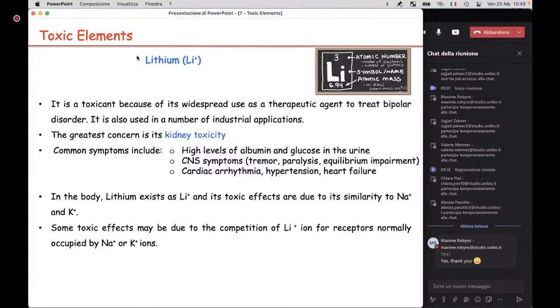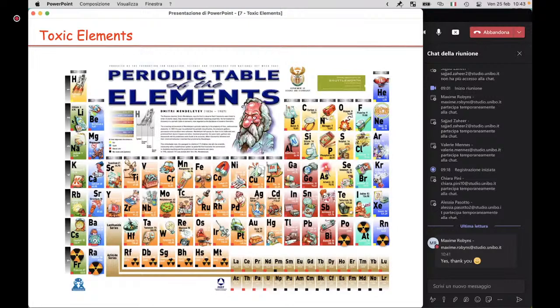talking about lithium. Lithium is here. It is in the first group. It is an alkaline metal, and it produces a cation with just one positive charge.